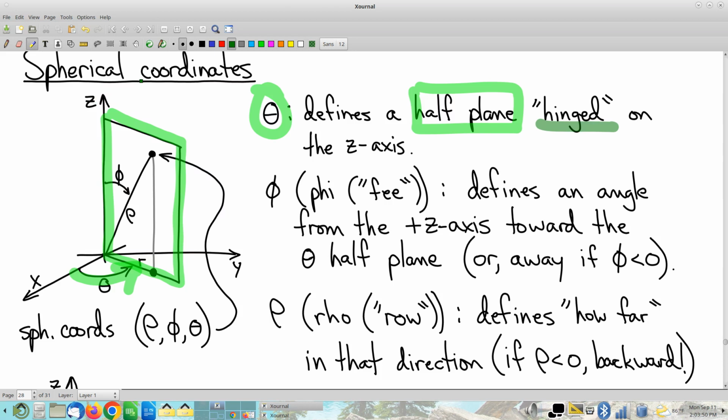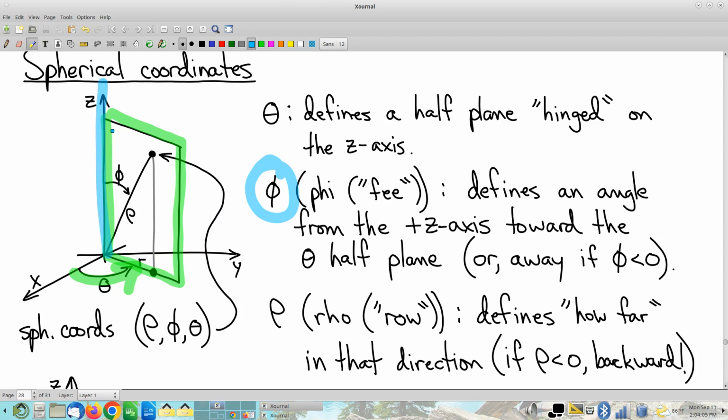Okay, next thing. So what is phi? Phi is another angle. It's measured off of the positive part of the z-axis and kind of turns, if you will, toward the theta half plane.